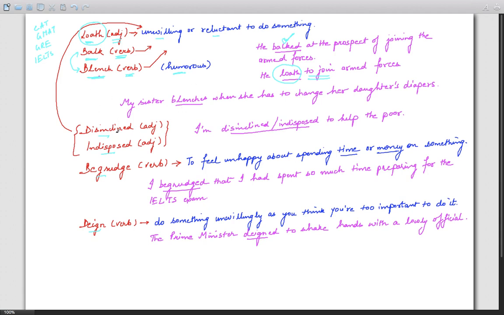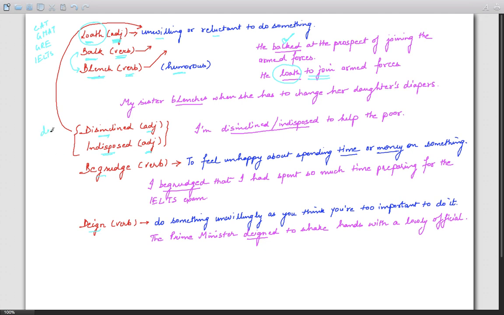Now there are two more words, disinclined and indisposed, and they also mean unwilling or reluctant to do something. But the difference is, when you loathe something, it's an adjective, you hate to do that. When you're disinclined or indisposed to something, and both are adjectives, you do not hate it, you're somewhat neutral, but you still are unwilling to do it. So there's a difference of degree.